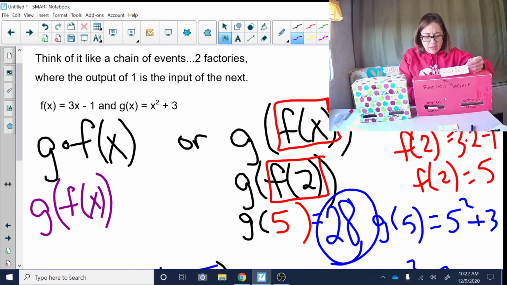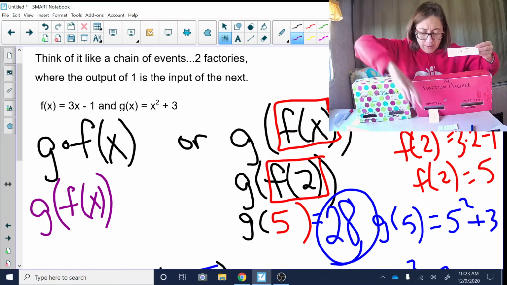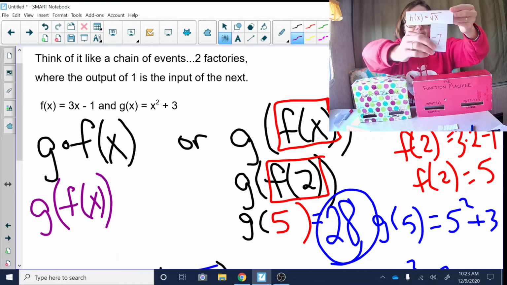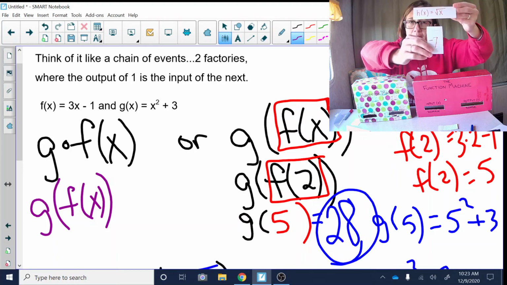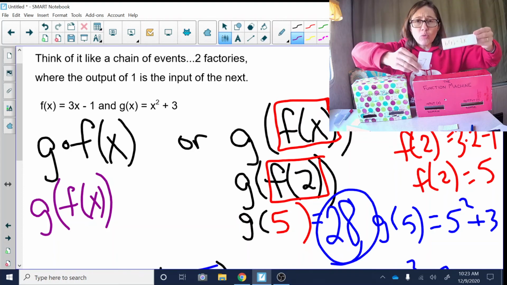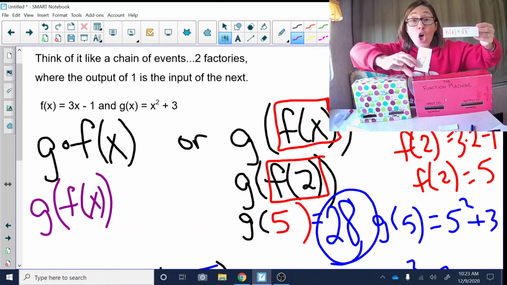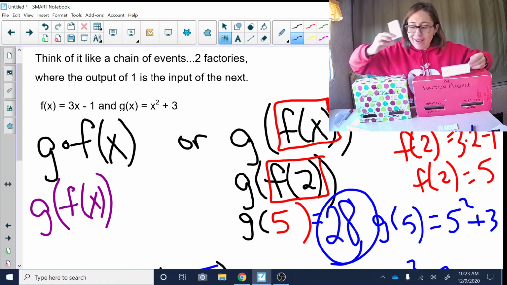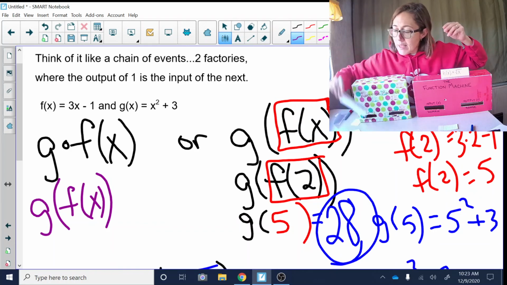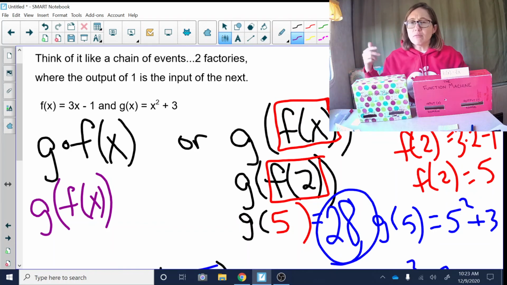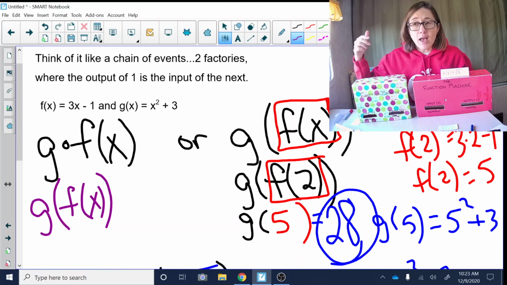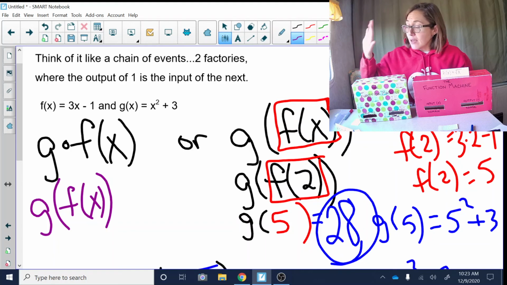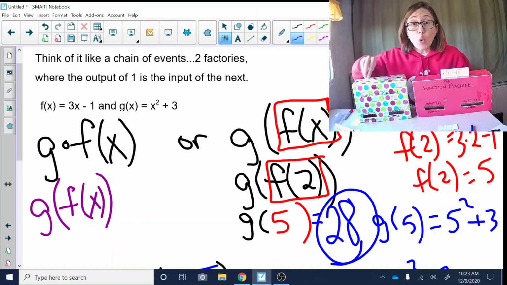This factory is going to reject this and spit it back out, because can you square root a negative number? Is that something we do with real numbers? No! It would be like in life if this first factory was refining metals, like iron ore, and it refines all kinds of metals, including gold.